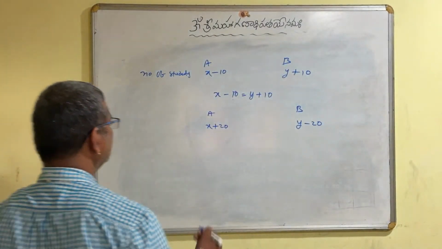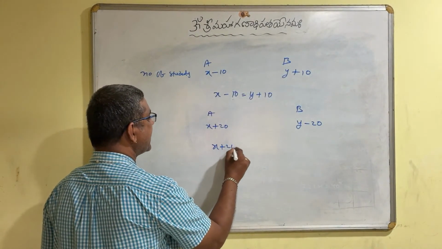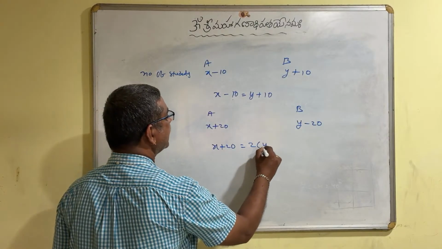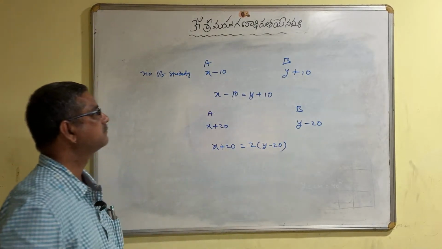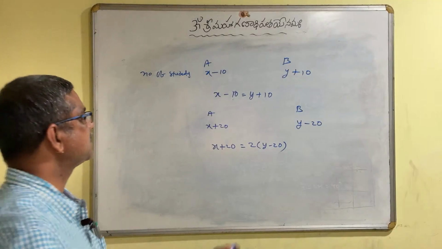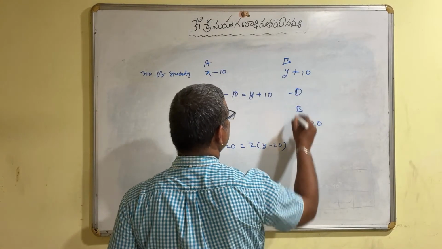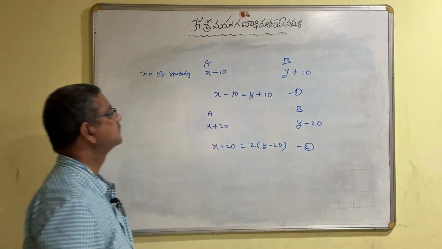The number of students in A becomes double the number of students in B. So this is the second condition.